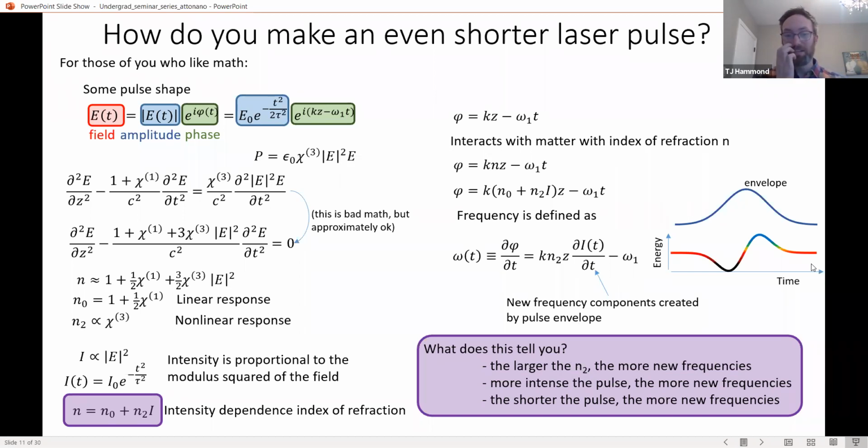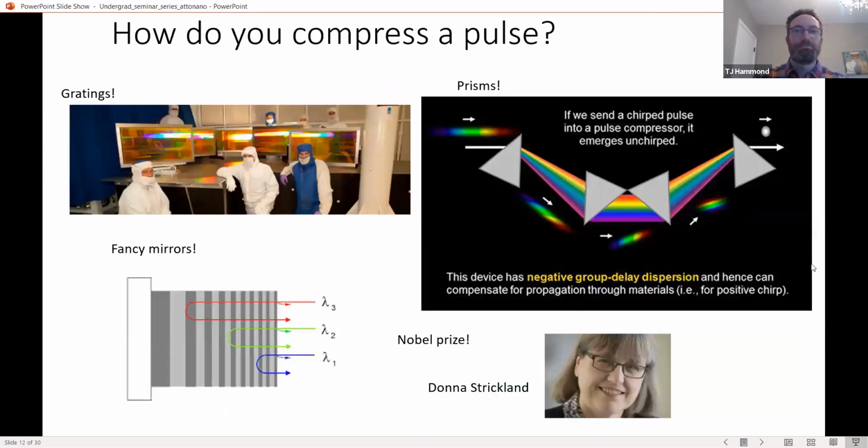So it's actually beneficial to us. As I said, we want the shortest pulse possible, which means we need the broadest bandwidth possible. If we have a short pulse, we can more easily make a shorter pulse. That only works so far, but you can actually create a really, really short pulse this way. This is what you need to do in order to create these really short pulses.